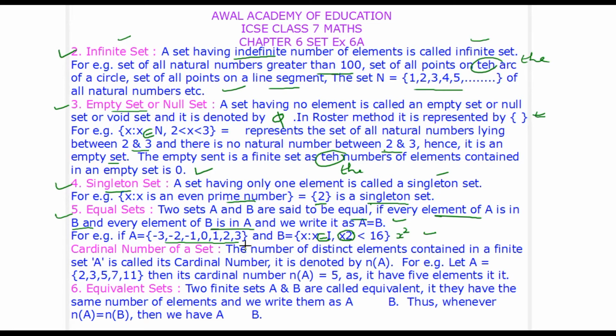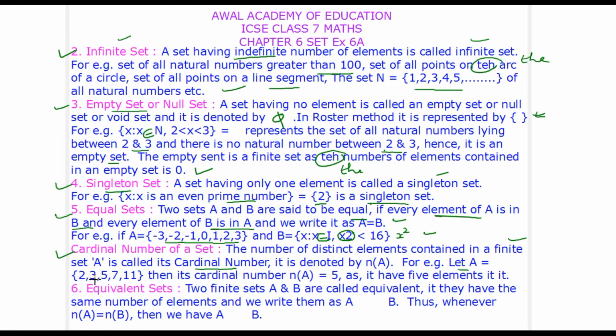Next is, what is cardinal number? The number of distinct elements contained in a finite set A is called its cardinal number. The first condition is that it should be a finite set. That means its number of members could be counted. Like this, A is the set 2, 3, 5, 7, 11.